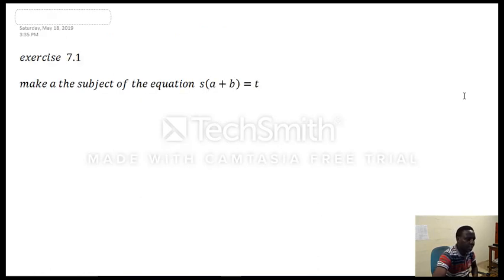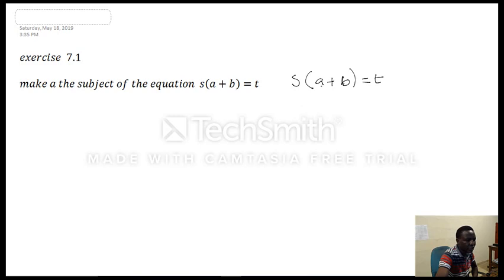In this next example, we are being asked to make A the subject of the formula. So we have X bracket A plus B is equal to T. So the first thing you do is to divide both sides.